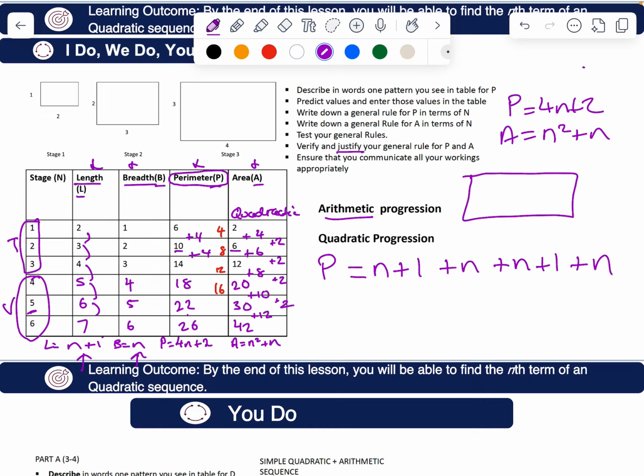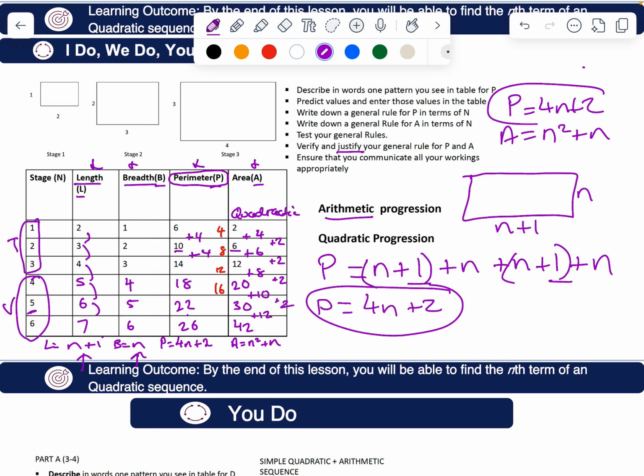So the perimeter of this shape is n plus 1 plus n plus n plus 1 plus n. So then how many n's do I have? I have 4. And then 1 plus 1 is plus 2. And that is justifying the perimeter without doing sequences. We've used other information, which was the perimeter of a rectangle.